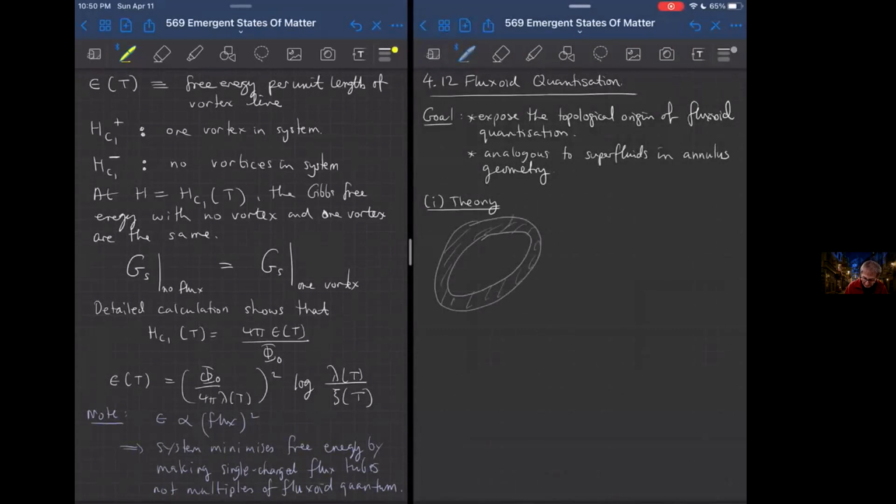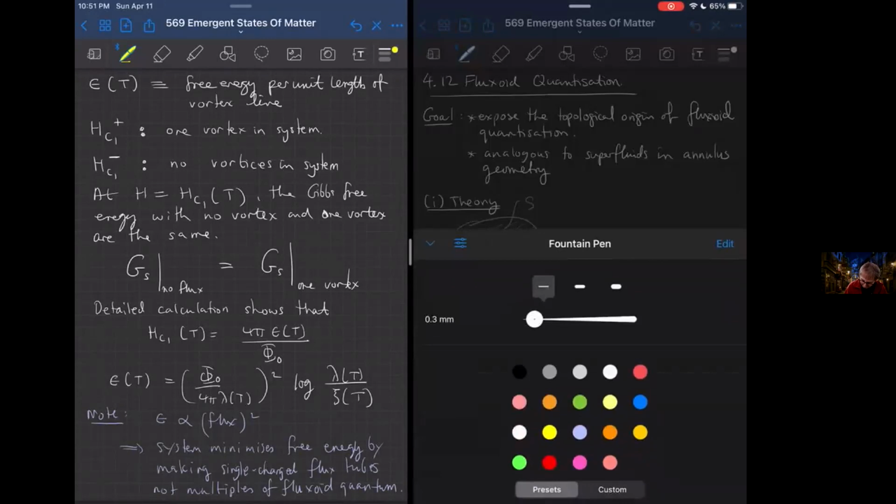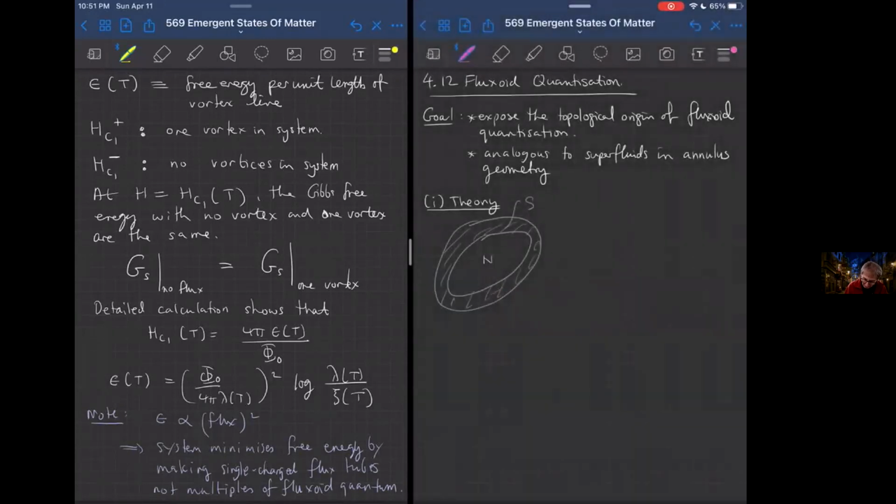So this is a superconductor, and then of course in the middle there's nothing, so we'll consider that to be normal, and we'll consider a trajectory, a curve that goes through the superconductor like so, and we're going to assume that there is a magnetic flux.